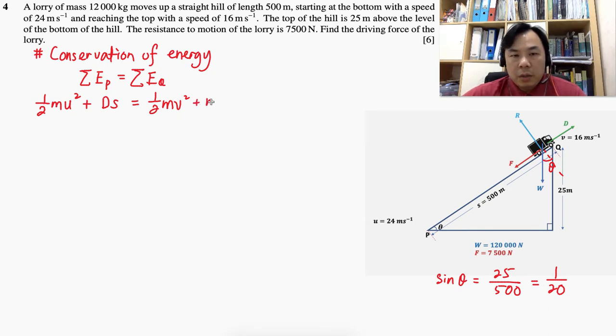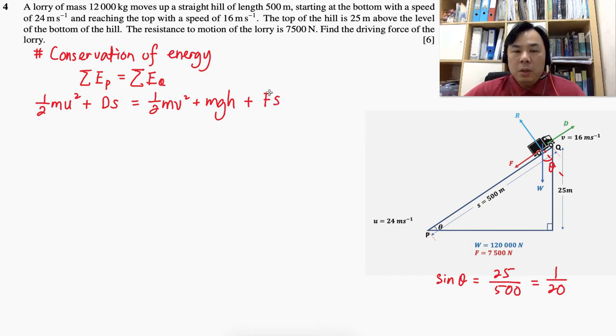So we will write down mgh, because at Q it has gravitational potential energy and kinetic energy. At the same time, all the energy provided by the lorry itself is being converted to work done against the resistive force, or the work done to overcome the resistance to the motion itself. And then there you have it here.